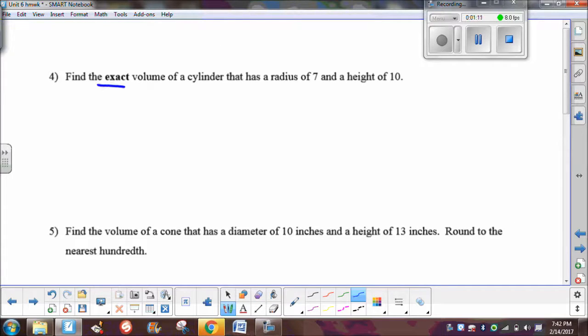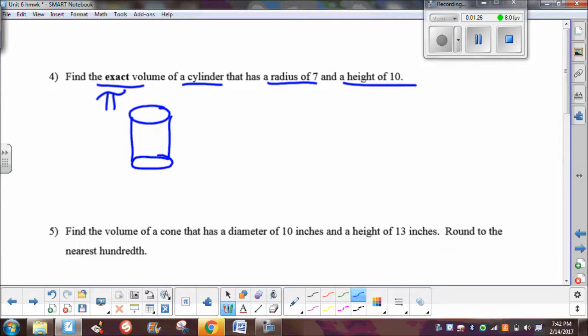It says find the exact volume. So exact means in terms of pi of a cylinder that has a radius of 7 and a height of 10. So I always draw my really bad picture, but it's amazing how smart you are when you draw a picture and you label it.